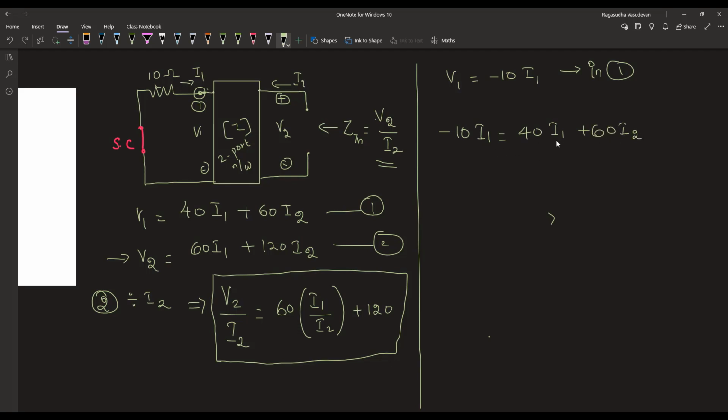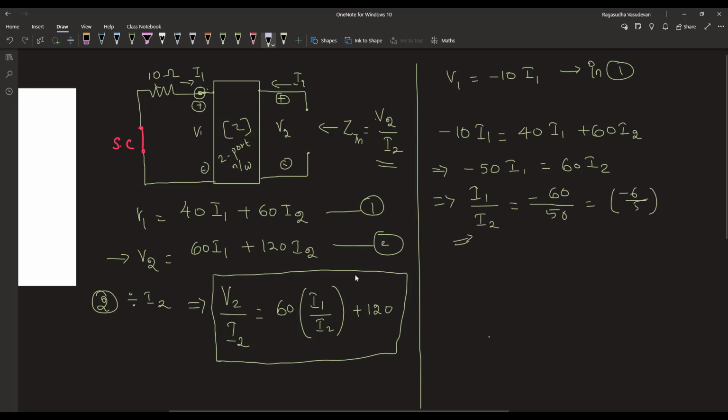Now we have this equation purely in terms of I1 and I2. So this implies that minus 50 I1 is 60 I2. So I1 divided by I2 will be minus of 60 divided by 50, which is minus 6 by 5.